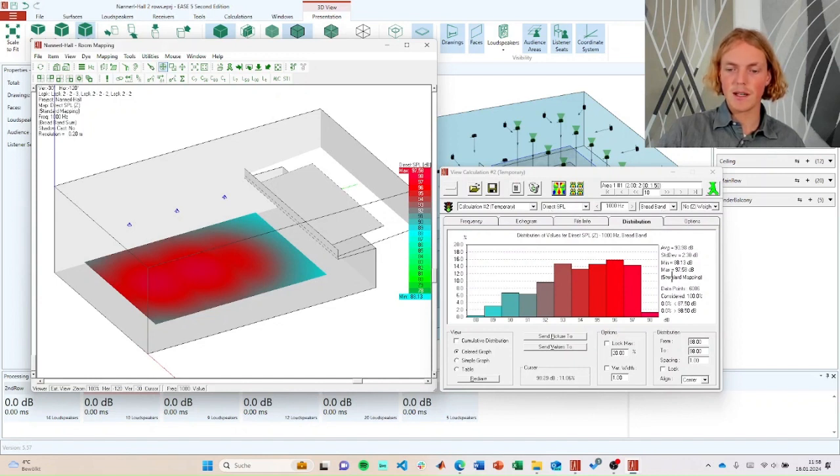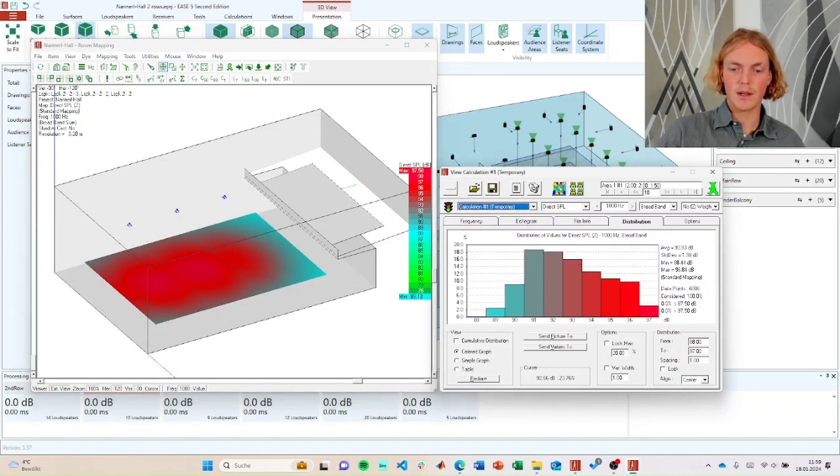We can see that in the respective area, which would be this area here, we definitely fulfill the criteria with more than 90 dB direct SPL. I also did that with 3 adjacent speakers from the second row, and for that we also fulfill the criteria with more than 90 dB.